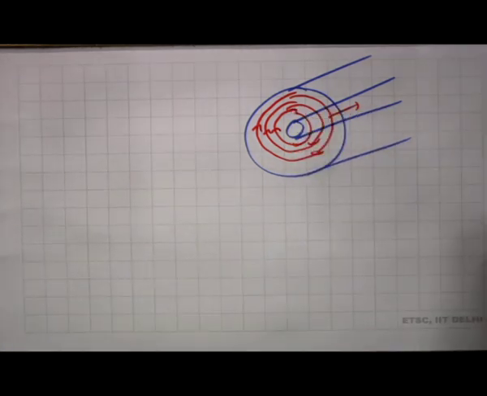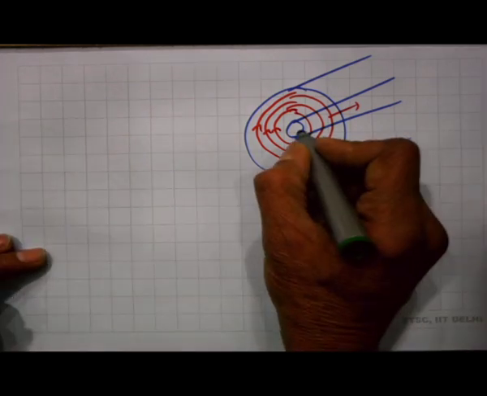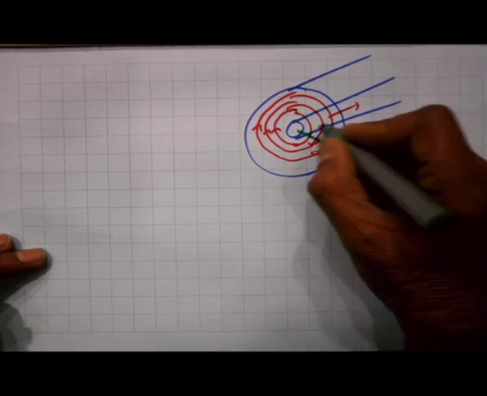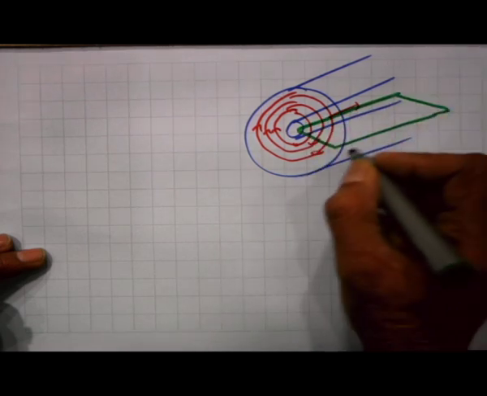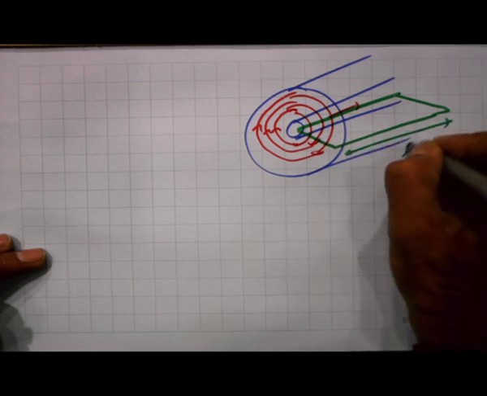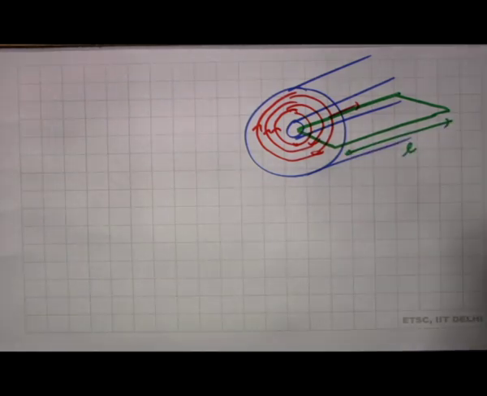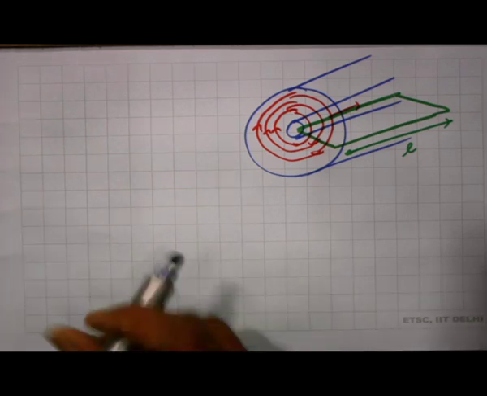So, to calculate the flux, what I must do is to take a surface perpendicular to this. So, I take a surface like this of length L, and I can calculate the flux through this, and I leave this as an exercise to you.